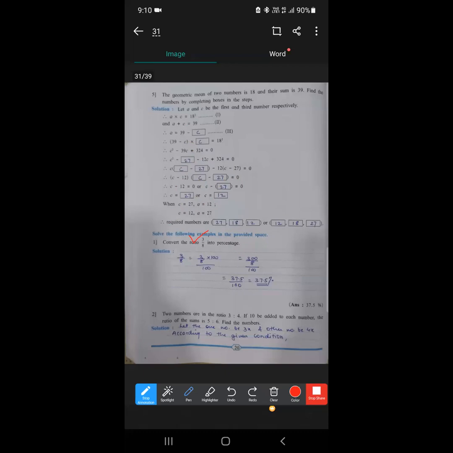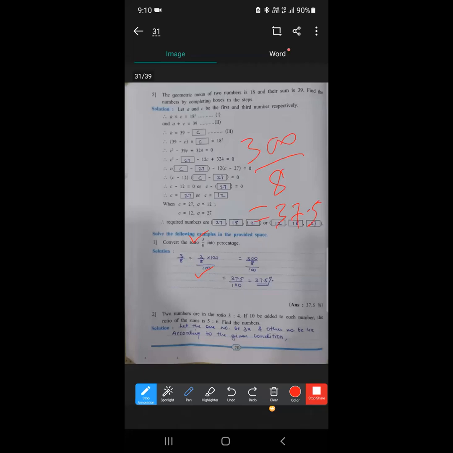So it's simple, that 3 upon 8 into 100, the whole divided by 100. Why? Because we want the percentage. So 3 into 100, it will be 300 upon 8, the whole divided by 100. Now if you will divide this 300 divided by 8, you will get what? 37.5.